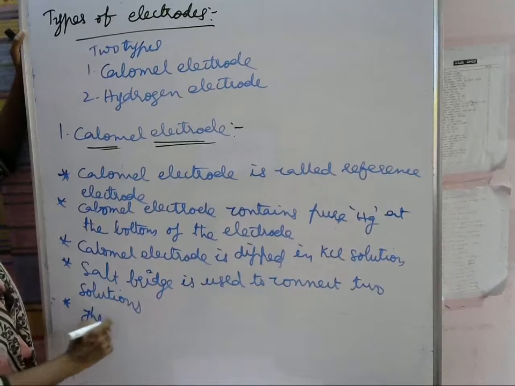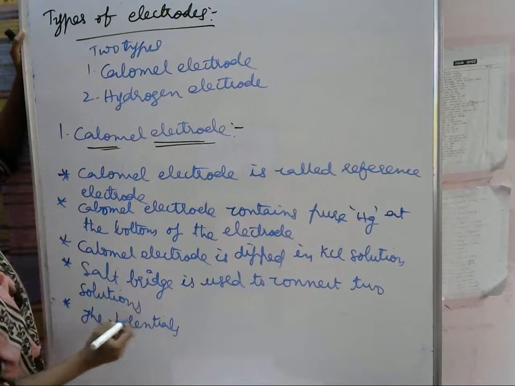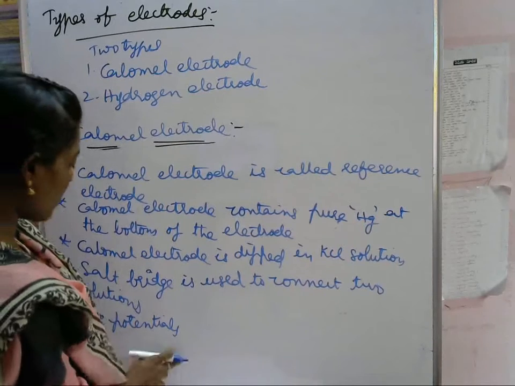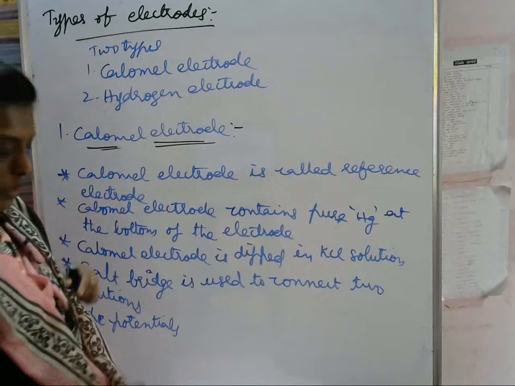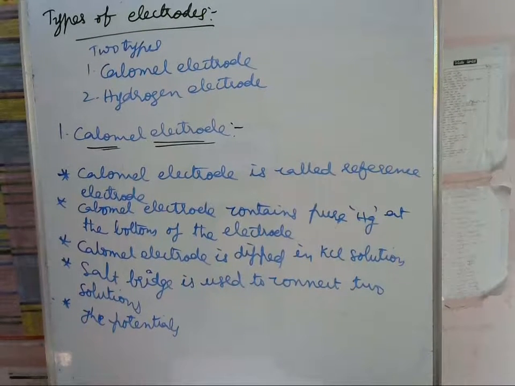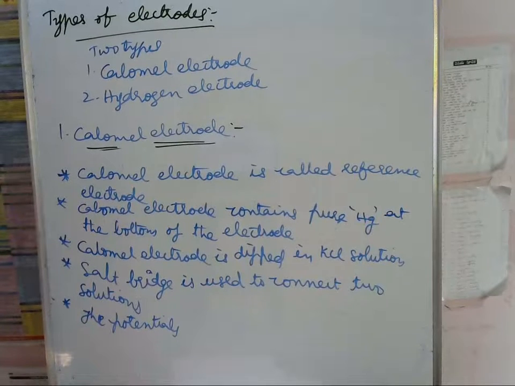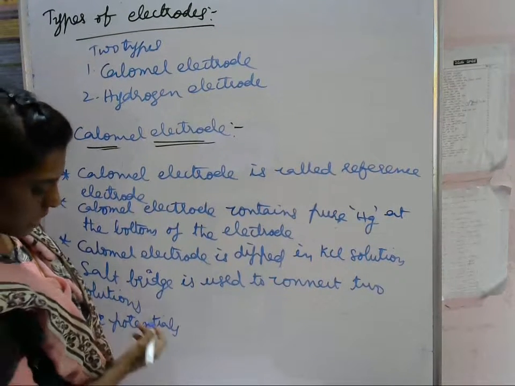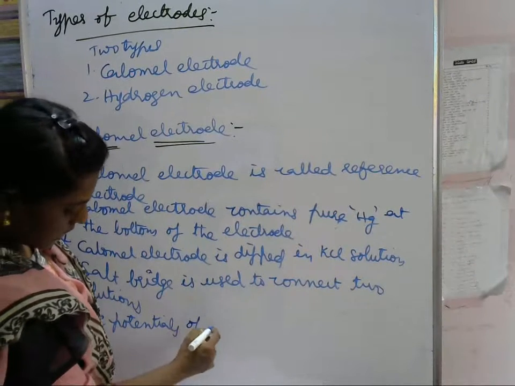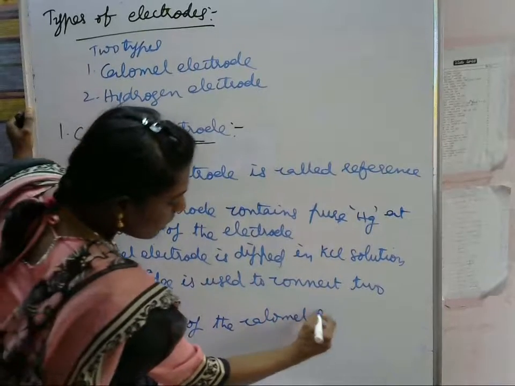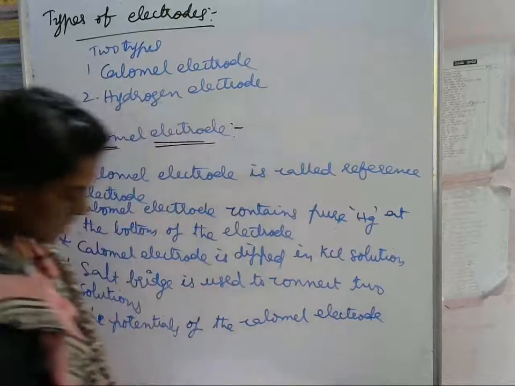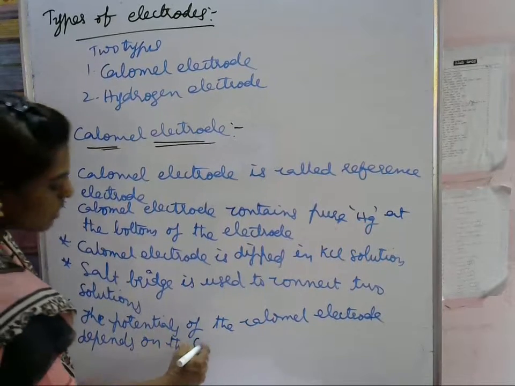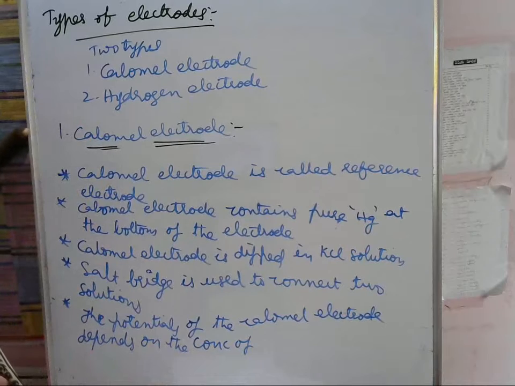And the potential of the calomel electrode depends on the concentration of the KCl solution.